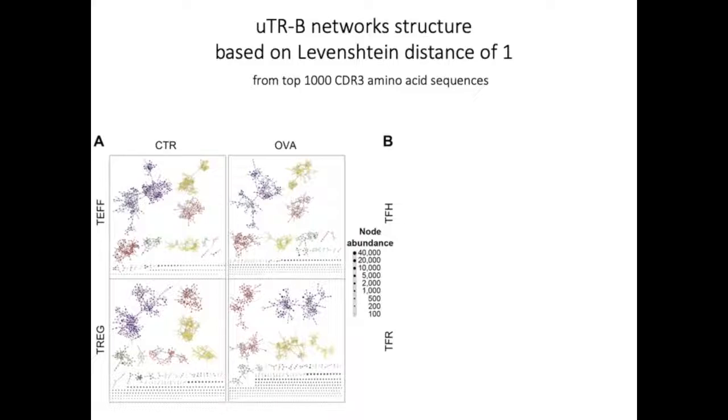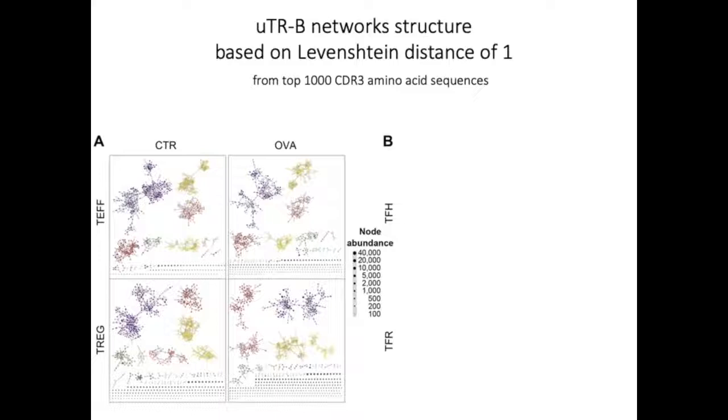And as you can see, being in a network in Tf or Treg, whether you're from a control or, in that case, immunization with albumin, you still have quite a low frequency in terms of your representation. You only have a few clones here that have a higher representation. Now, this is the structure that we're getting with Treg and Tf.